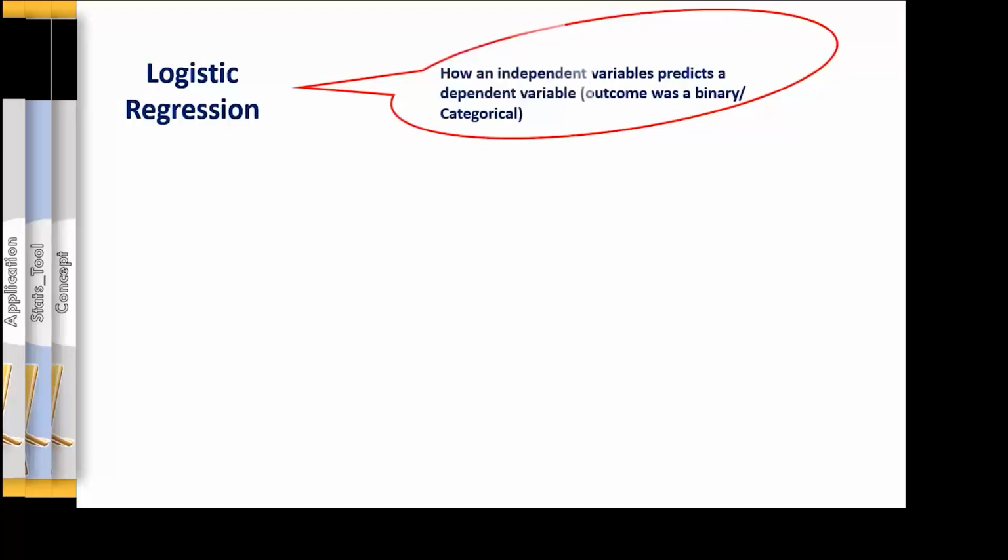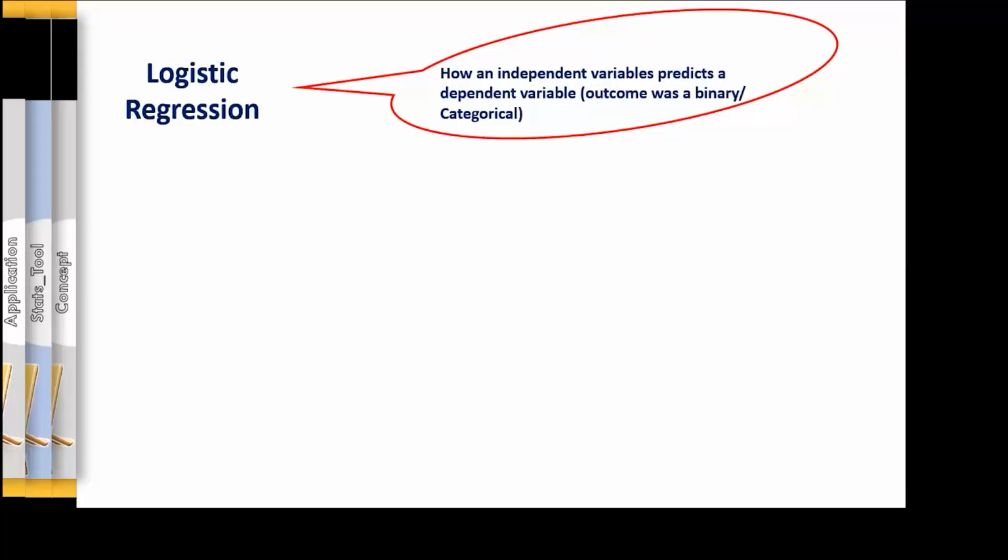Now, logistic regression is undertaken when one seeks to find how an independent variable or independent variables predict a dependent variable. Here, the dependent variable or the outcome variable of interest should be binary or categorical in nature. Now, if you watch our video on linear regression, you come to see the difference between the linear regression model and the logistic regression model.